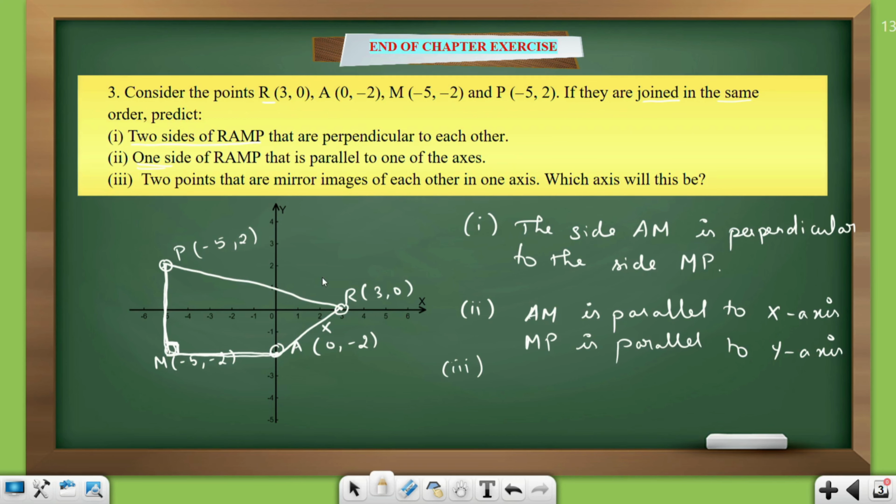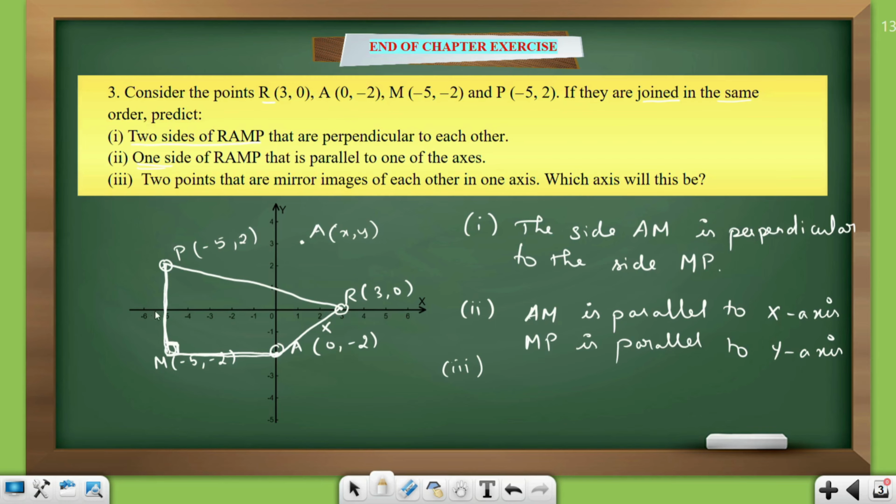First of all, what is the meaning of a mirror image? Basically, when we are trying to plot a point on the Cartesian plane, suppose I am plotting a point here, like this is my x comma y, and the point is assumed to be A. I can find the mirror image corresponding to both the axes.